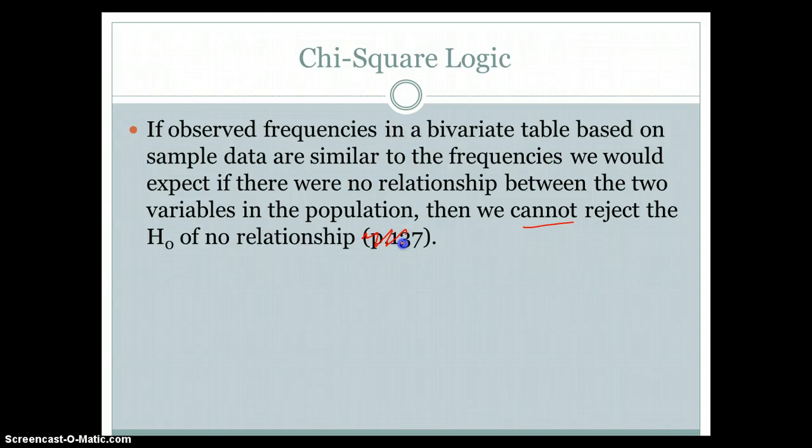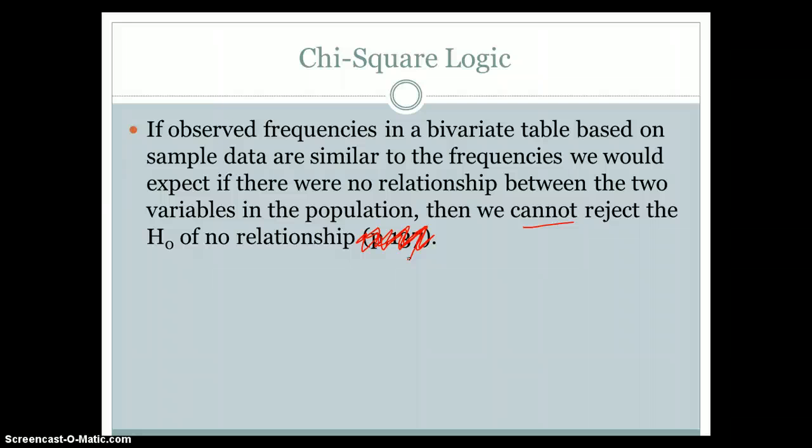So we are considering observed frequencies in a bivariate table based on sample data, and we're considering what those frequencies would look like in the population if we expected that there was no relationship between those variables in the population.